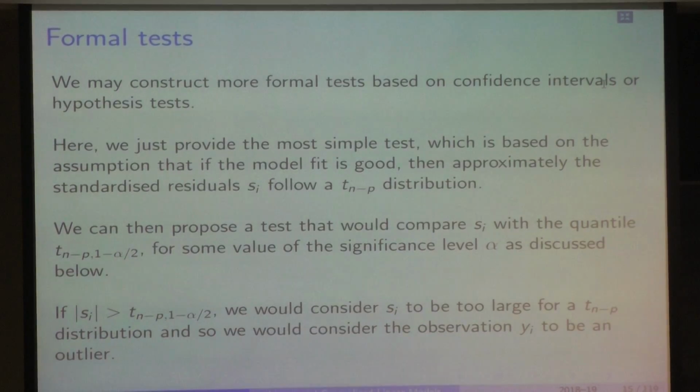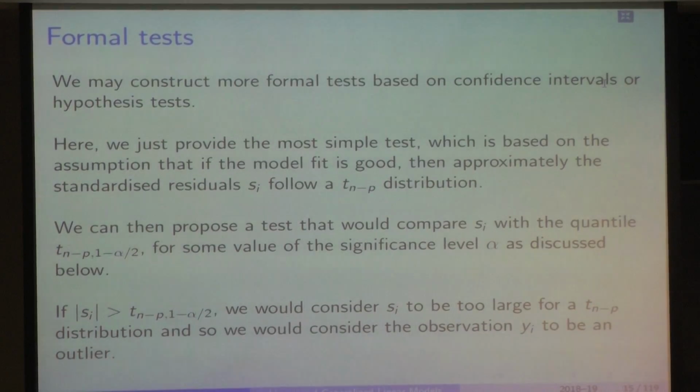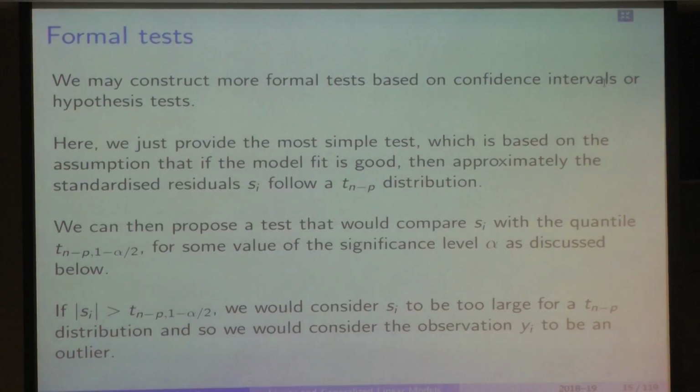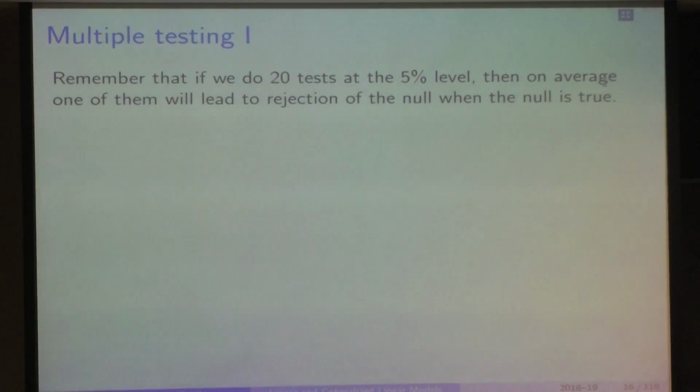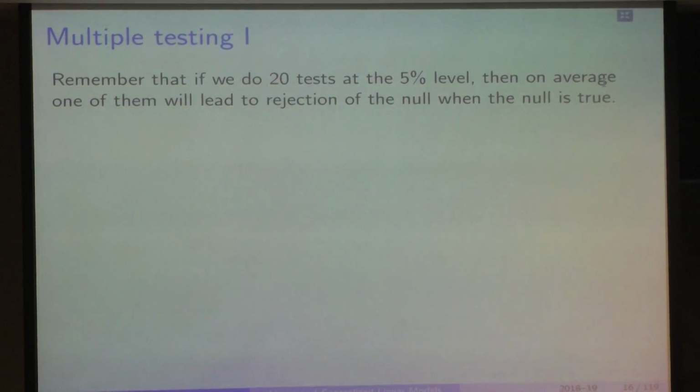Now, comparing an observation with the 1 minus alpha over 2 quantile of a t distribution is appropriate if you have one observation. But if you have n observations, you're enhancing the probability that one of them is a bit larger. So we need to be careful here about the concept of multiple testing. Okay? We've actually got lots of observations.